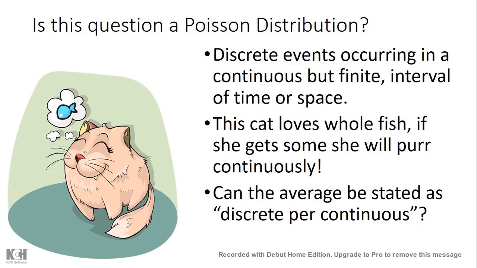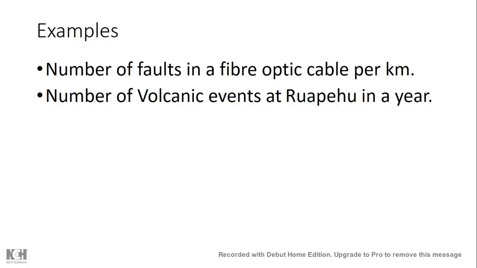So let's have a look at some examples. We'll go through the first one first. The number of faults in a fiber optic cable per kilometre. So number of, right? Straight away discrete, yes? Where we see number of, obviously we're talking something that's counted, therefore it's discrete pretty much by definition. Just quickly thinking, you can't have half a fault, can you?